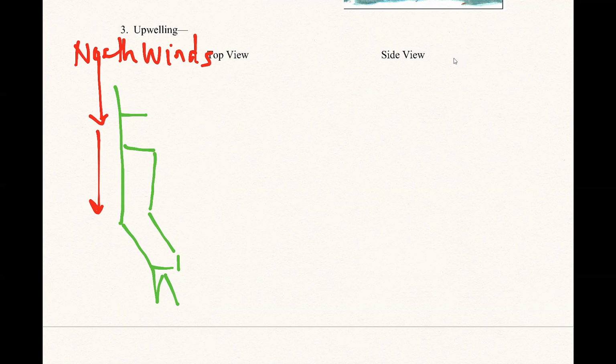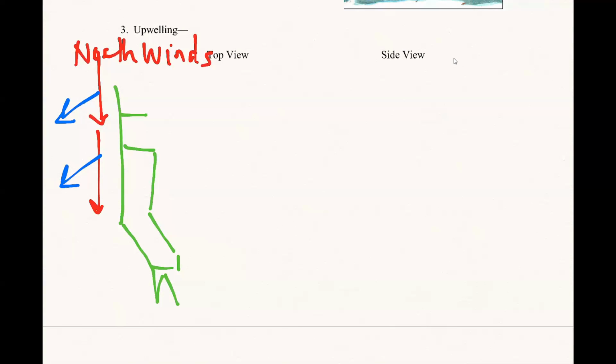Ekman transport says that your net transport of water is going to be 45 degrees to the right. So 45 degrees to the right, if you're traveling south, means that water is going to be traveling off in this direction.